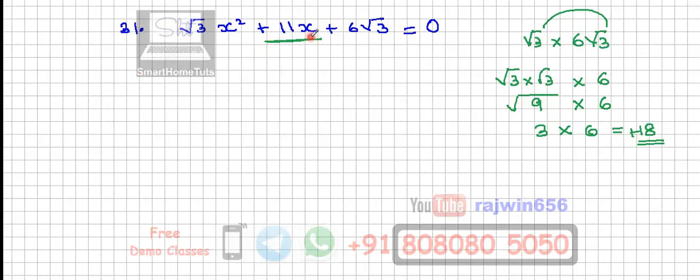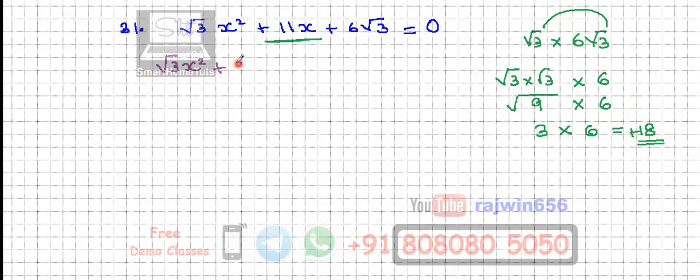By splitting the middle term, I'm going to write the next step. So this is going to be root 3 x square plus, this 11x is split as plus 9x plus 2x, and 9 into 2 is 18.